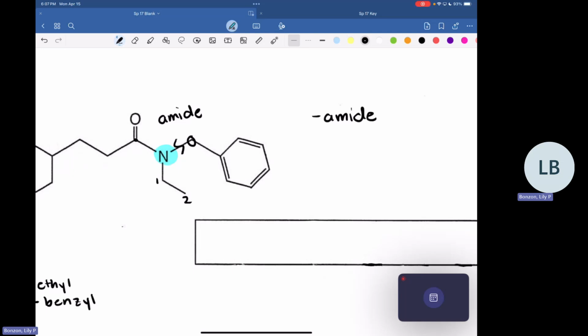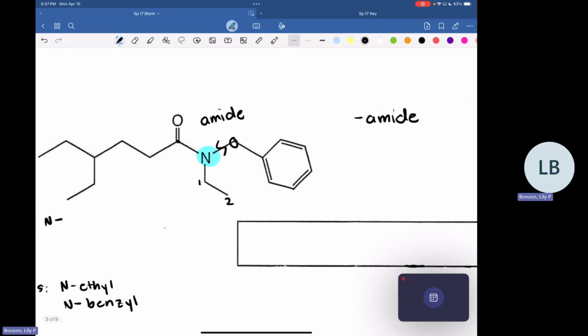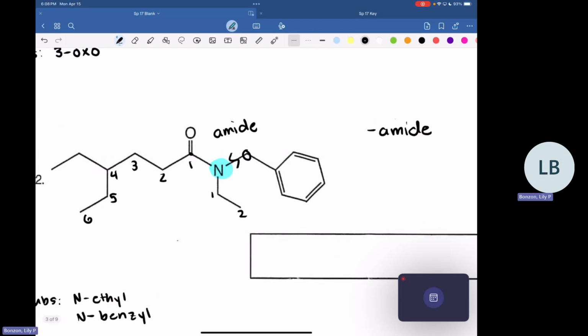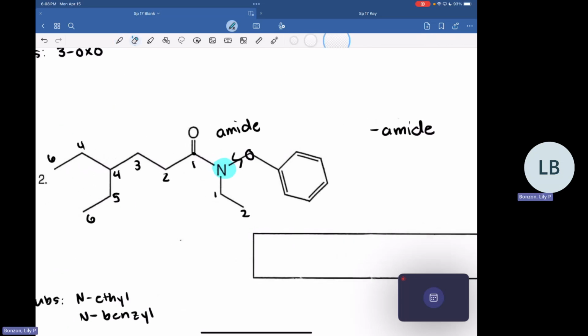Very original. And then it's just going to be the longest carbon chain of the alkyl side. So either way we go around, we get a 6 carbon chain. We go up here, it would also be 6 carbons.